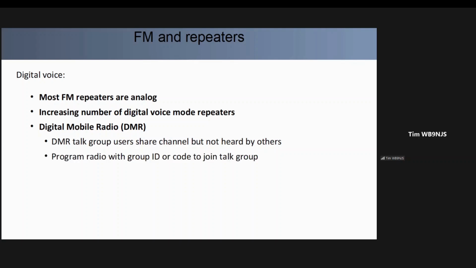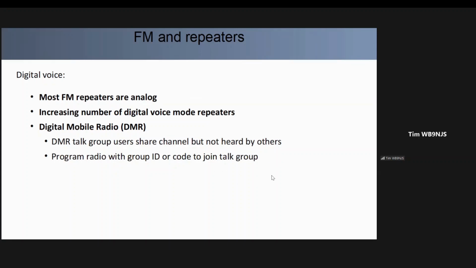So how do you join a DMR talk group? To join a digital repeater's talk group, you simply program your radio with the group's ID or code.